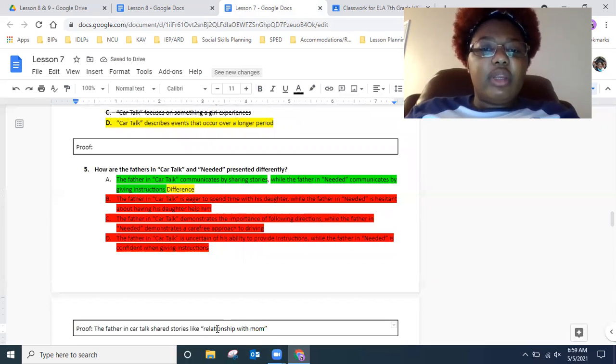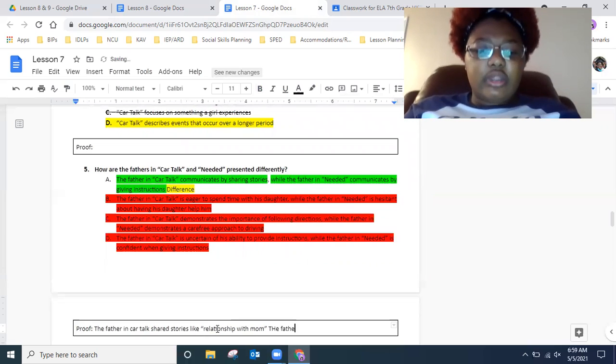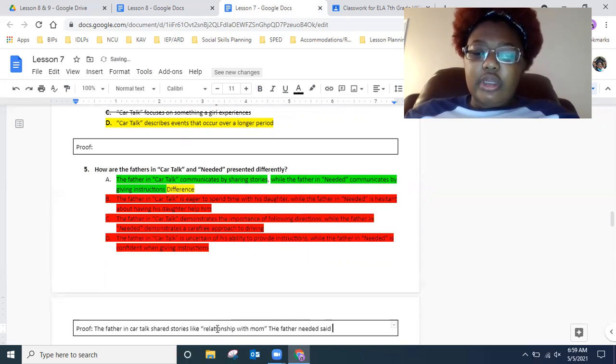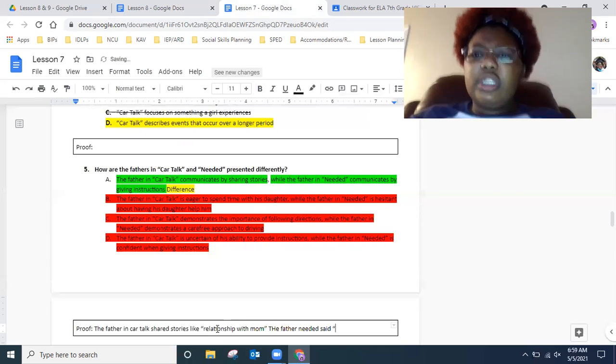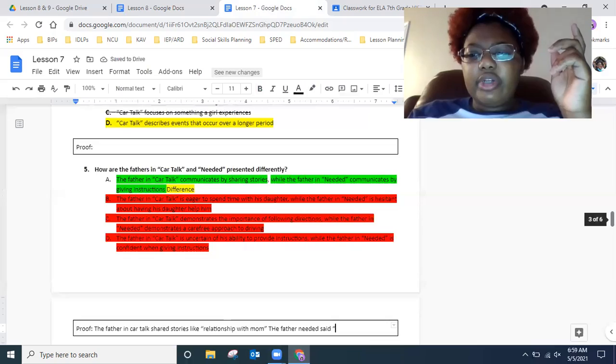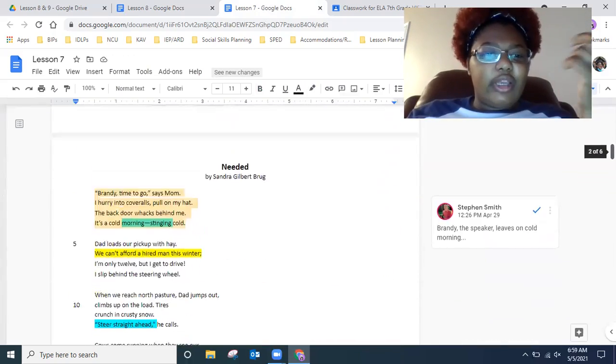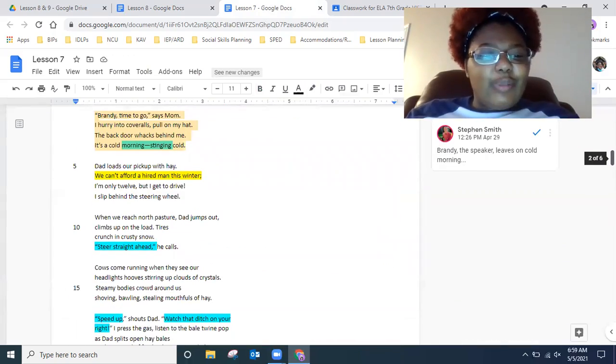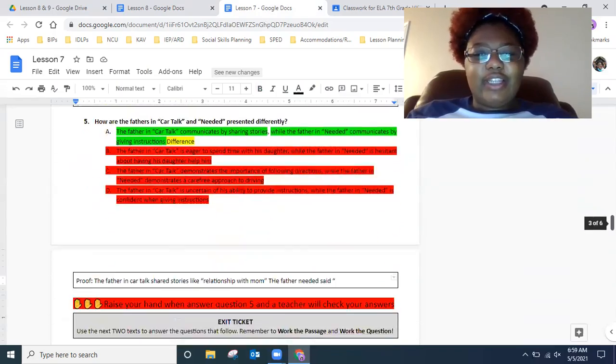And then while the father in Needed communicated by giving directions, you can say the father in Needed said, stop there, something like that, right? Look at me going back to the speed up, steer ahead.